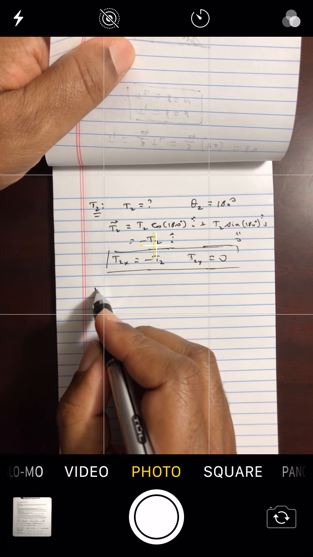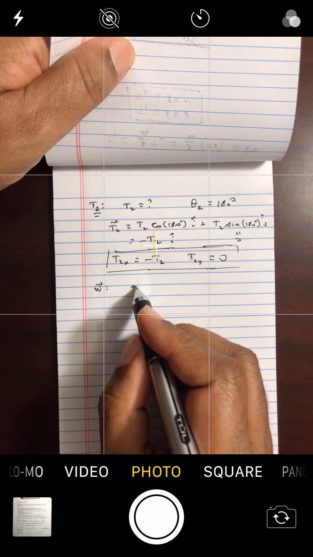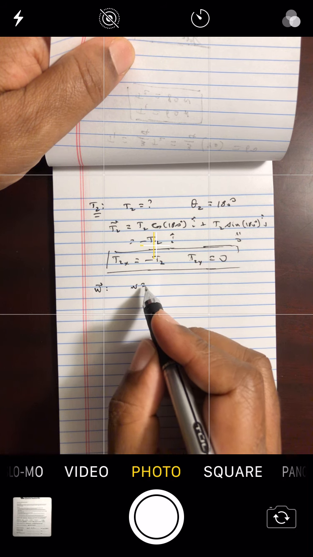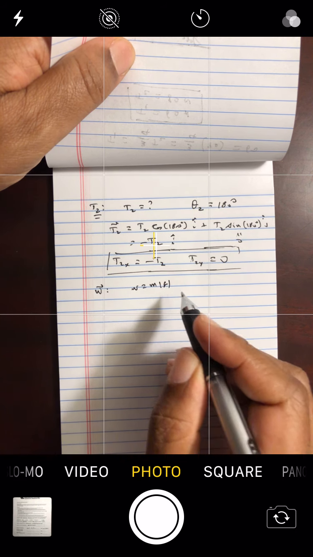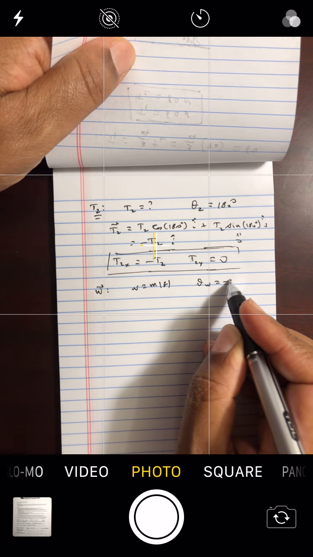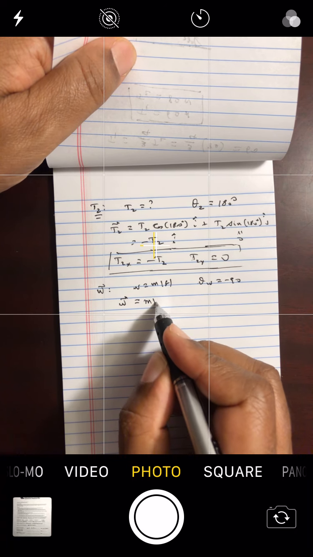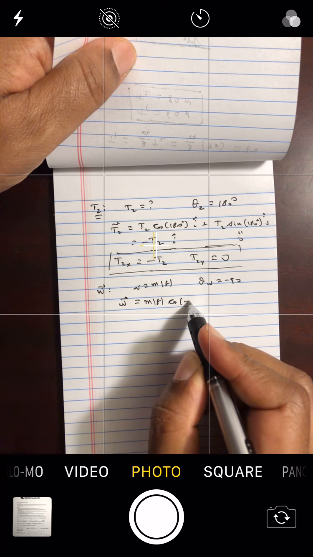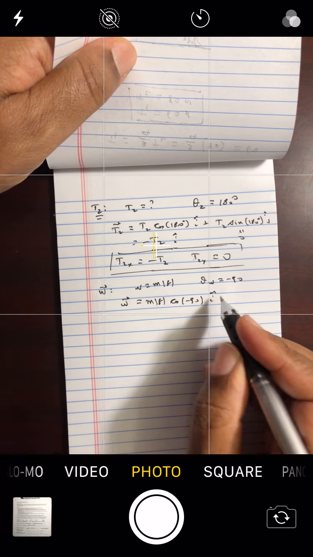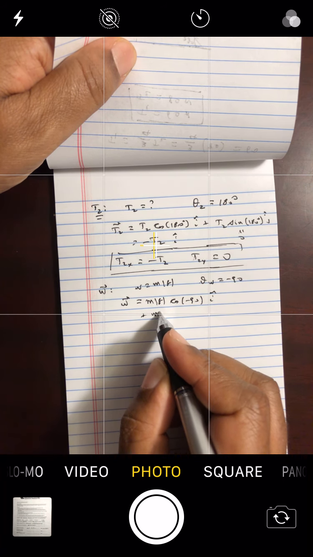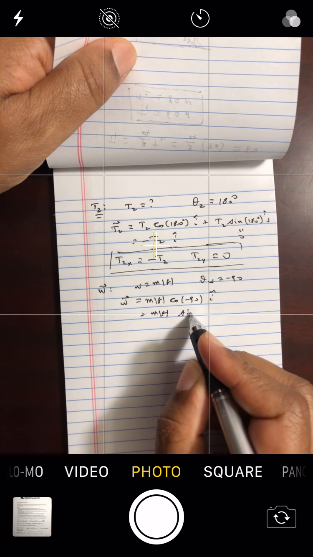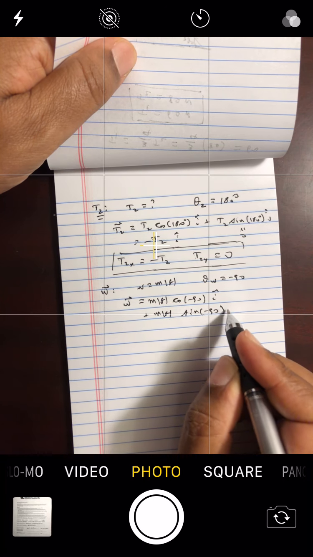About the weight, the weight is mass times gravity, and its direction is negative 90. So the weight is mg cosine of negative 90 in the I direction plus mg sine of negative 90 in the j direction.